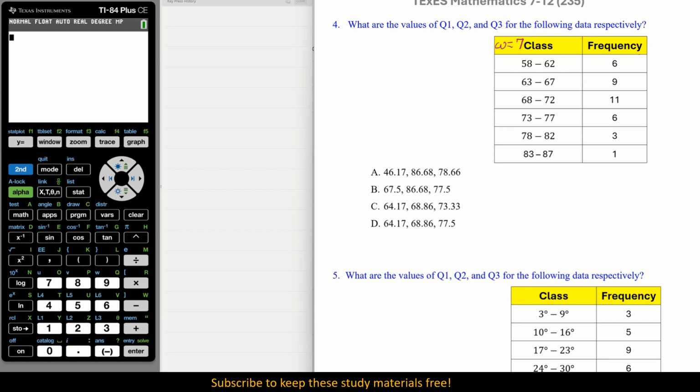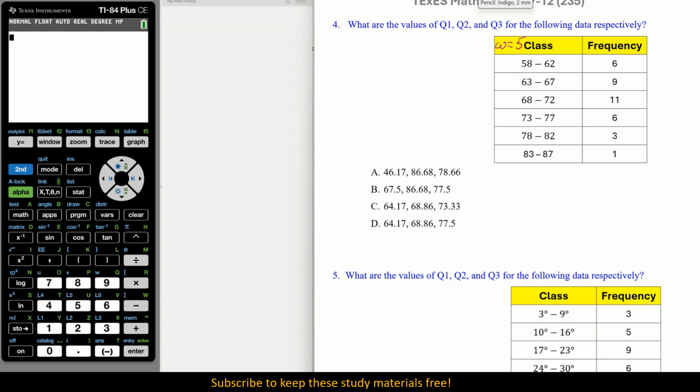Oh, no, not 7. Sorry. It would actually equal 5. And the first thing I need to remind you is that we can't just pop in an L1 and an L2 in a list and come out with our answer. We have to actually remember how to calculate this.